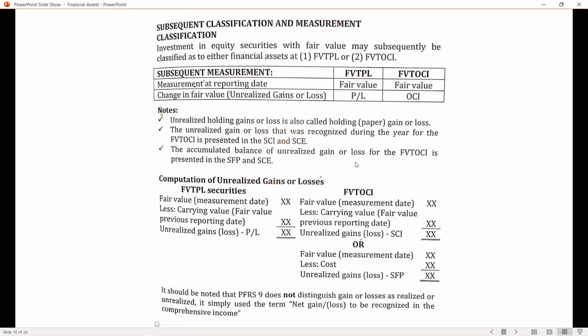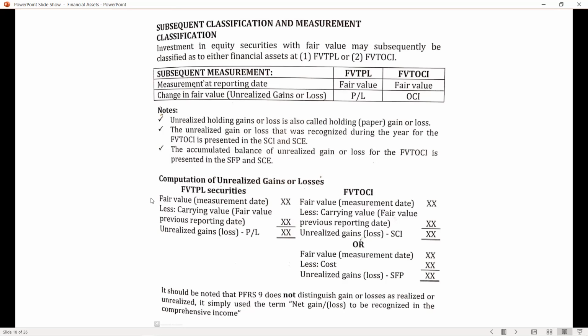Pero yung accumulated balance ng unrealized gain or loss natin sa FVOCI is ipe-present natin sa financial position at saka sa changes in equity. So, computation ng unrealized gain or loss sa FVPL at saka FVOCI.